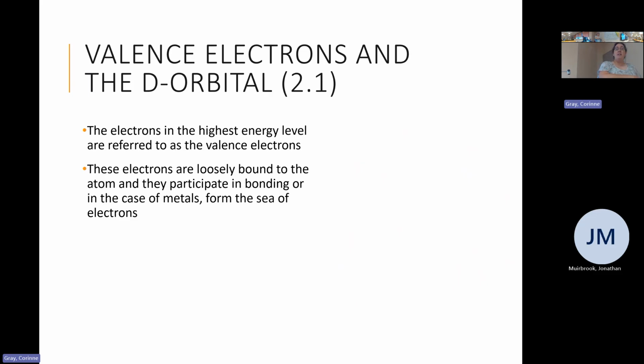And because they're far away, they're closer to that ionization energy, so it's really easy to just start stripping those electrons. In the case of metals, which is what we're typically going to care about in this class, you strip those electrons and they become what is referred to as the sea of electrons, and they just kind of hang out until we force them to move in a specific direction.